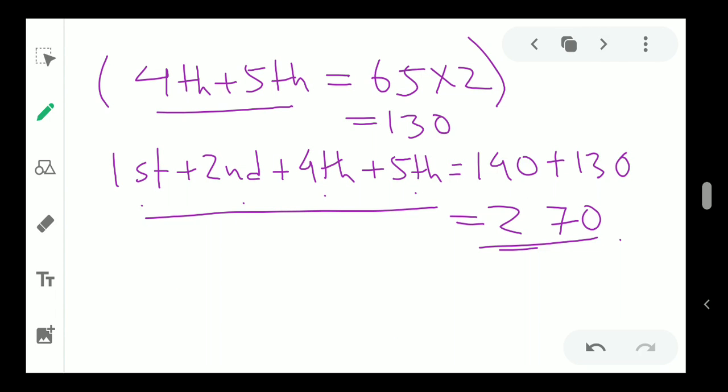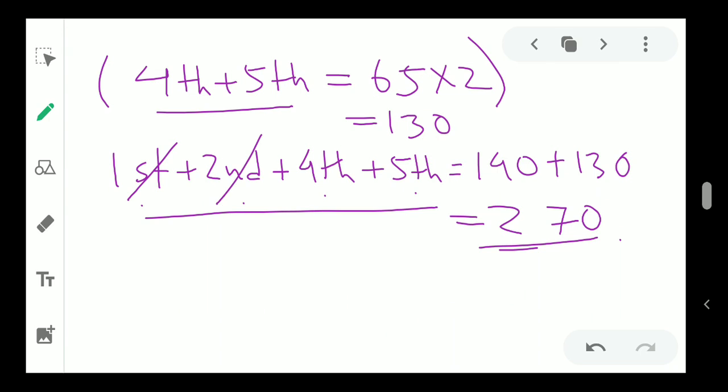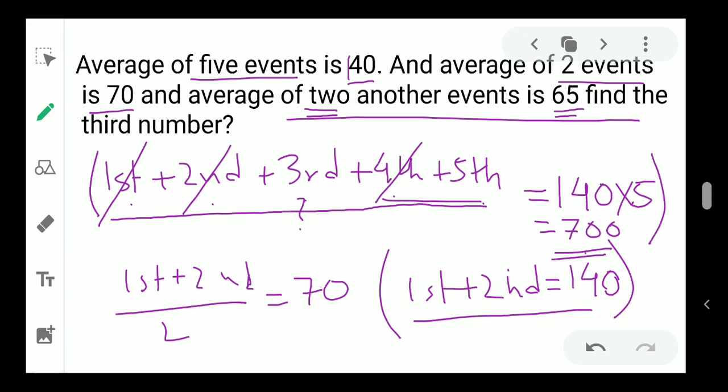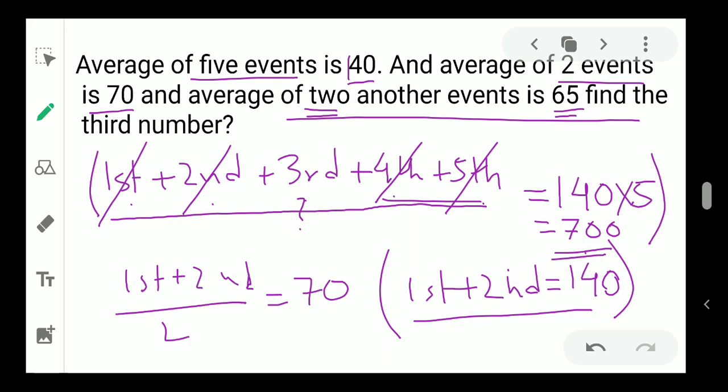The fourth will cancel with fourth, the fifth will cancel with fifth, but what will be left over? The third one.